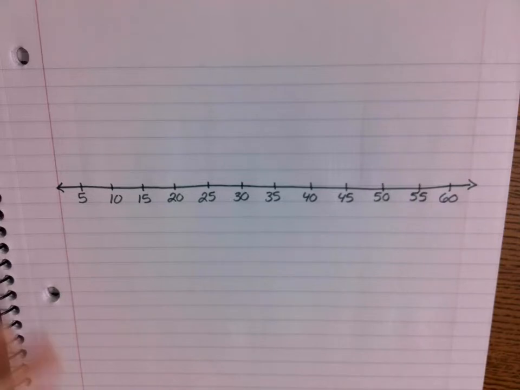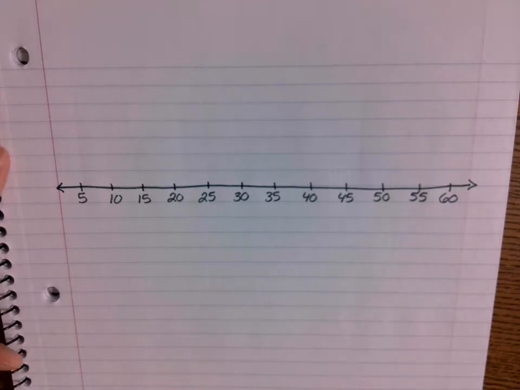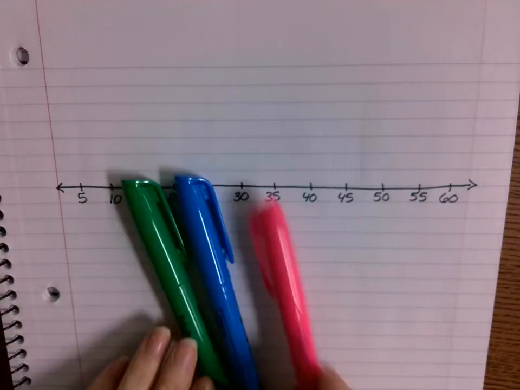And I'm going to draw 3 box and whisker plots on here. I'm going to draw 3 separate box and whisker plots. So I would recommend that you use some highlighters. I'm going to do them in 3 different colors, and these are the colors that I'm going to use. I'm going to use pink, blue, and green.